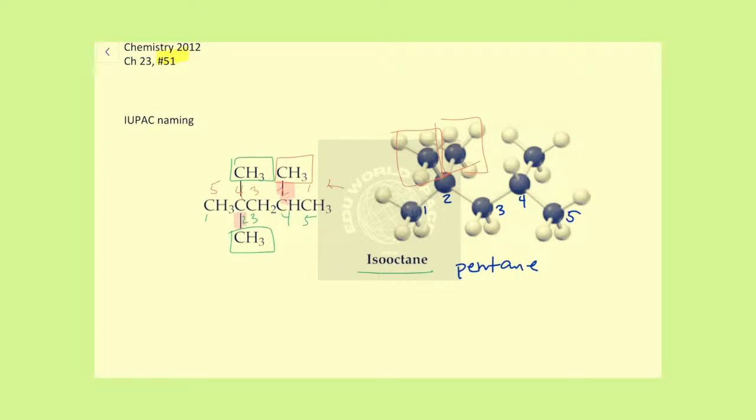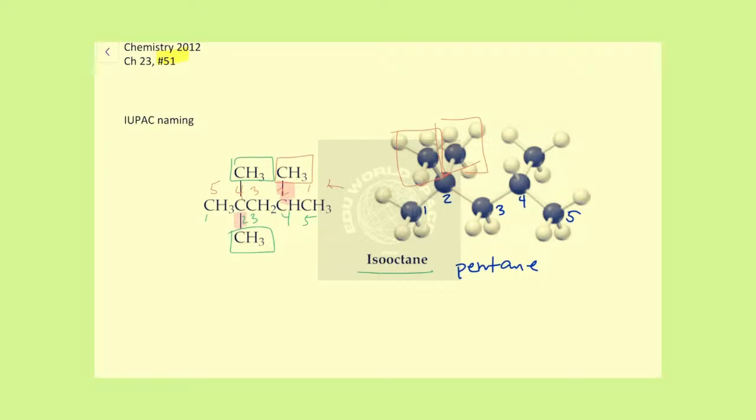All right, so at this point we've gone over our branch points and we combine the information we have. We have 3 methyls, which gives us trimethyl. And then we're just listing the numbers in. So we have 2, 2, 4 trimethylpentane.